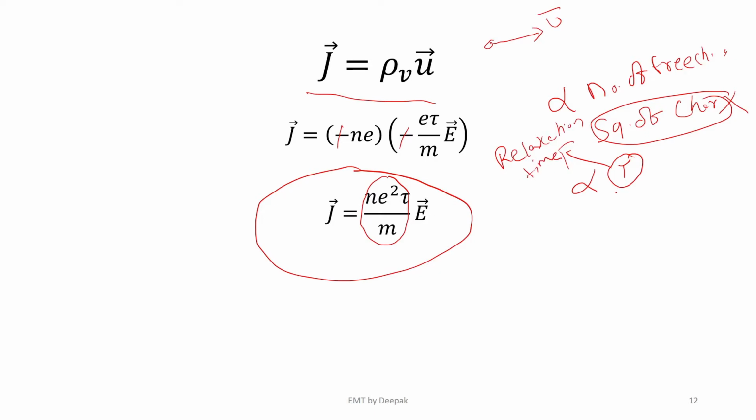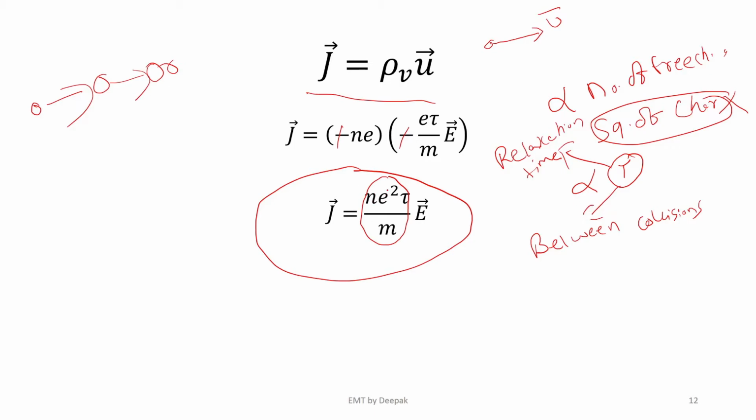This is the time interval between collisions. That is, in a body, when free charges are moving, one electron may collide with another electron. The time gap between two collisions is your relaxation time.